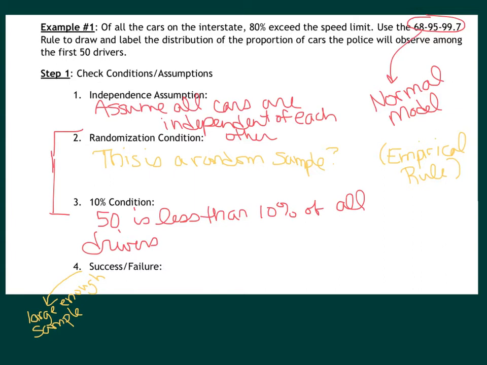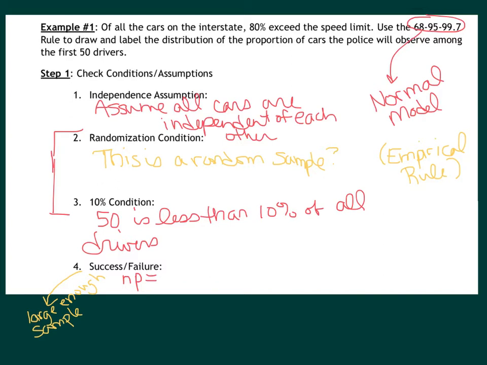And what we're going to be looking at is we are going to be trying to find our expected number of successes and our expected number of failures. So in this case, our expected number of successes would be our number of drivers that we're checking, which is 50, times the proportion of successes, which is 80%.